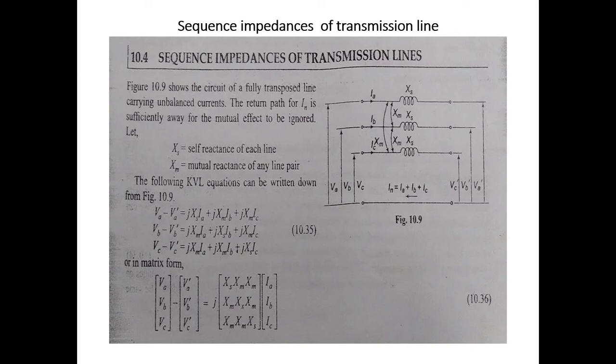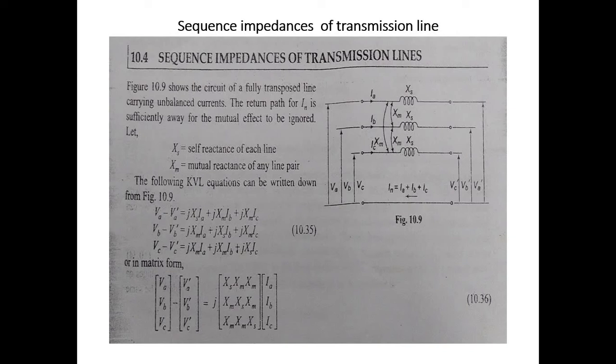If we go through the relation from the diagram, it is clear that the voltage difference between the sending end and receiving end, that is VA minus VA dash, is equal to the voltage drop, that is J into XS into IA plus J into XM into IB plus J into XM into IC. That is, we consider the voltage drop because of the self reactance as well as the mutual reactance of the line.